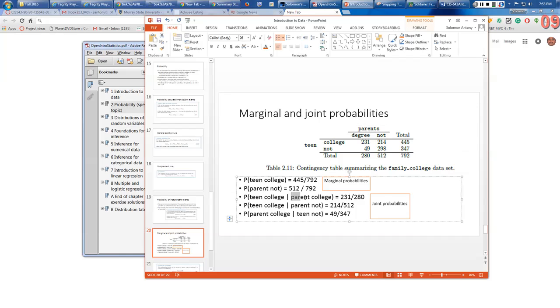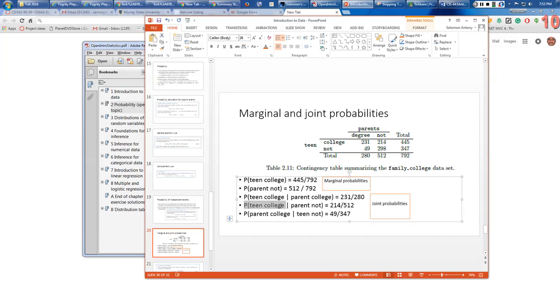So 280 is the total number of observations when the parents attended college, and of those, the observations where the teen attended college is 231. So the probability of teen attended college given the parent attended college is 231 over 280.